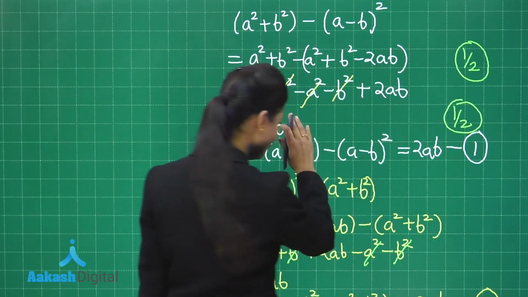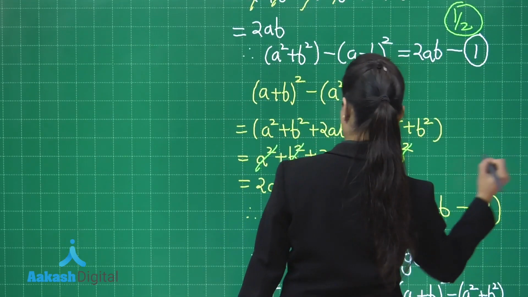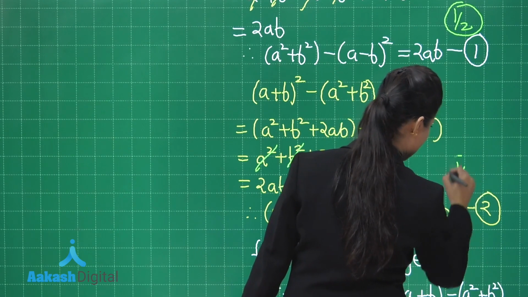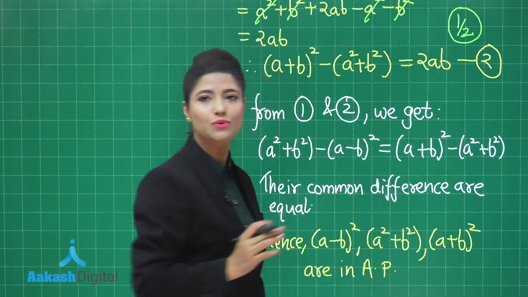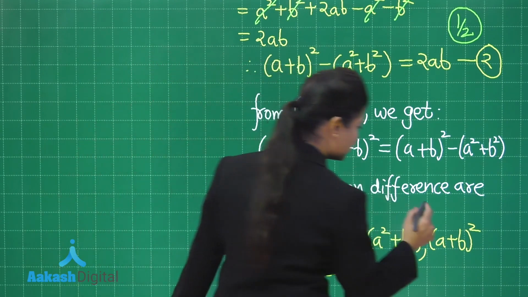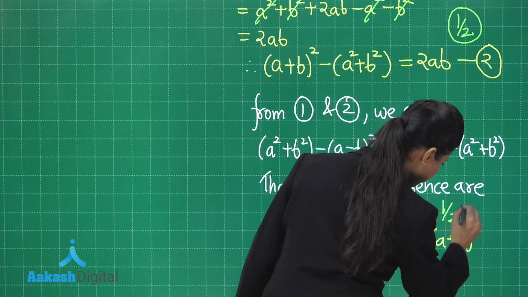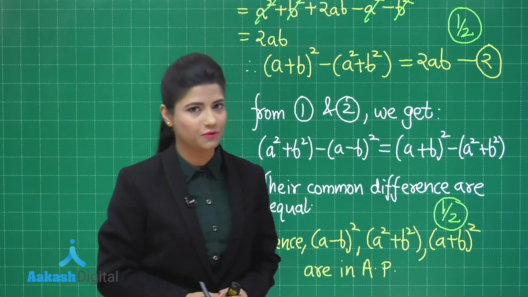The similar thing is obtained in this case also, and in this step you will obtain half marks. And finally, when you have concluded the result from equation 1 and 2 that their common differences are equal, in this step you will get further half mark. So in this manner you will get total 2 marks for this question.